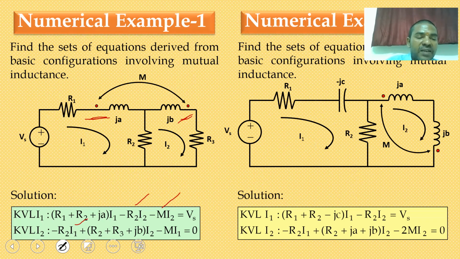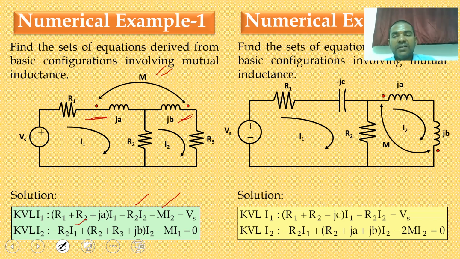So (R2 plus R3 plus JB) into I2. Now we write the mutual inductance value with respect to the I1 current, so minus M into I1 is equal to 0. Like this, you have to write the equations with respect to mutual inductance.